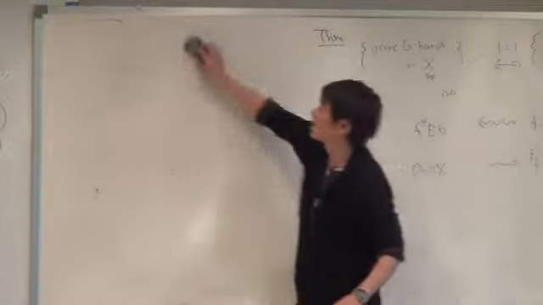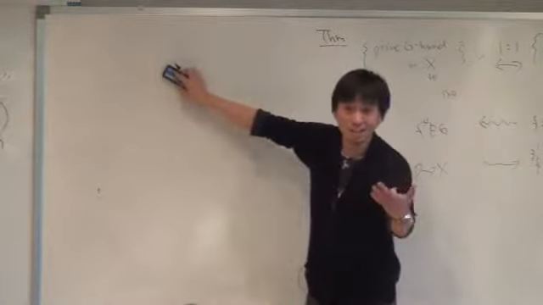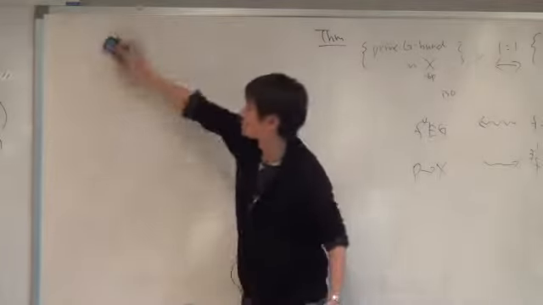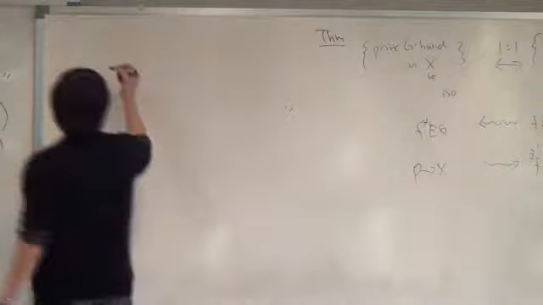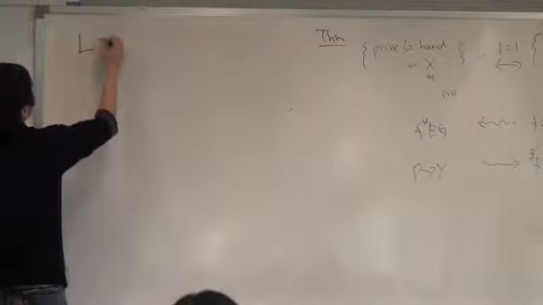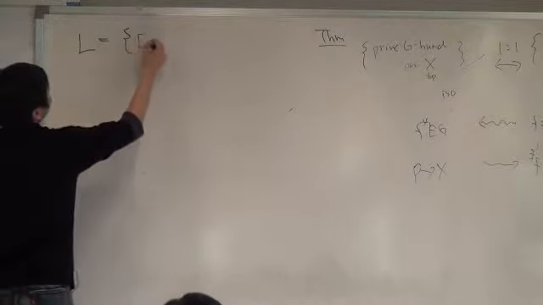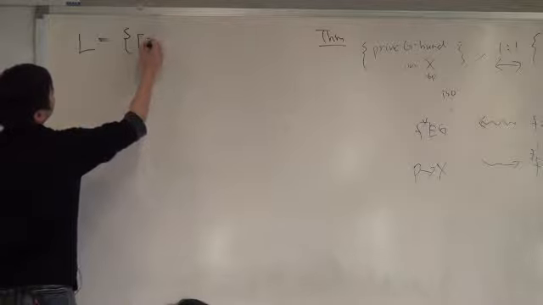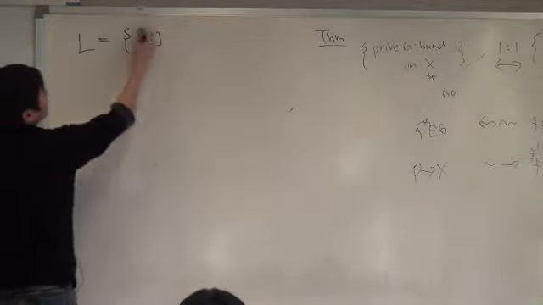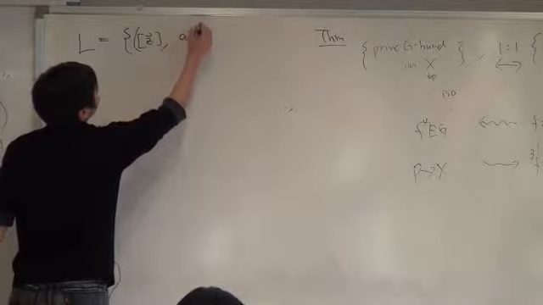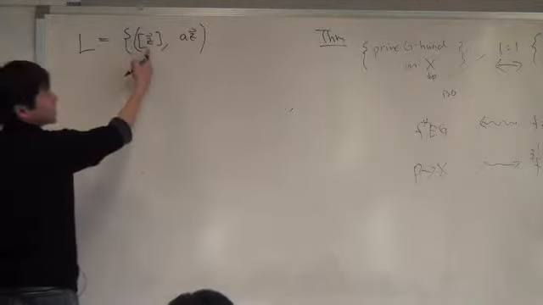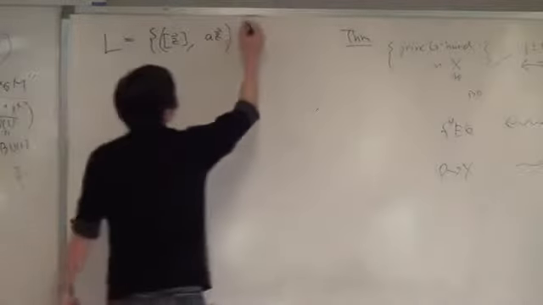So for each point on CP infinity, you associate a line which is itself, right? That's the tautological line bundle. So L is defined as, say, this is the point in CP infinity, and for each point, you look at the line.